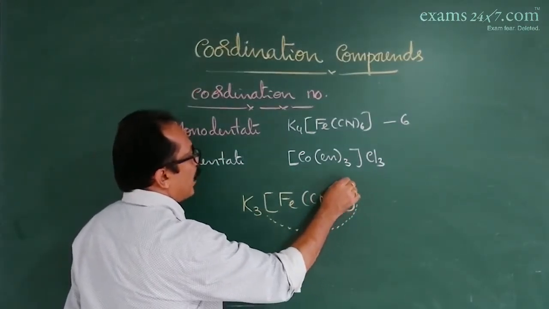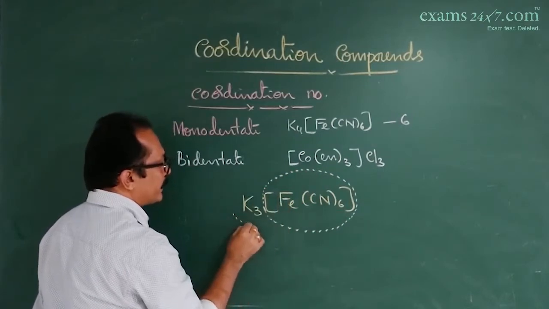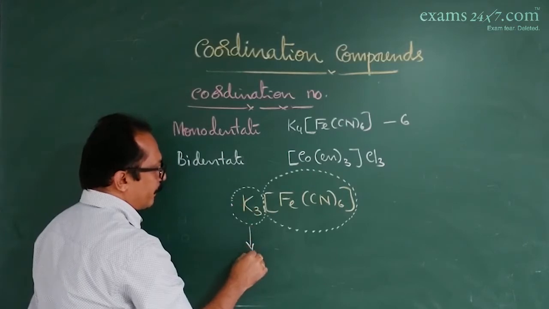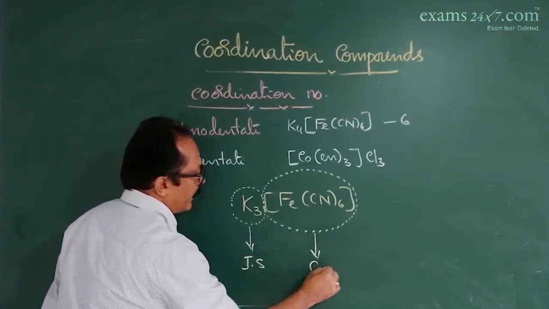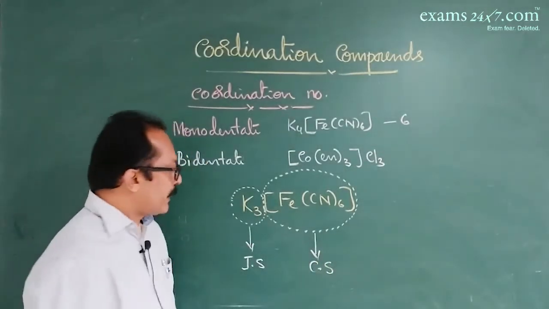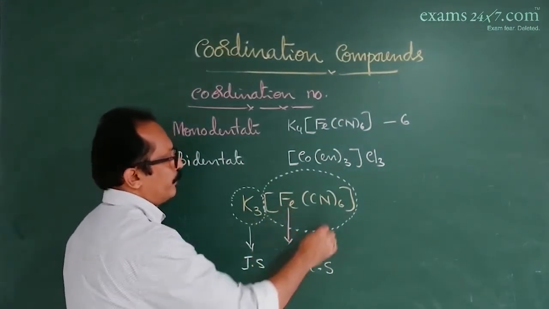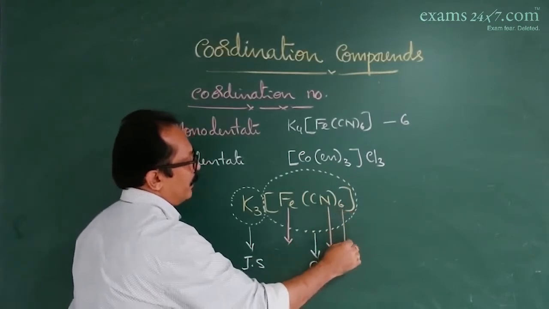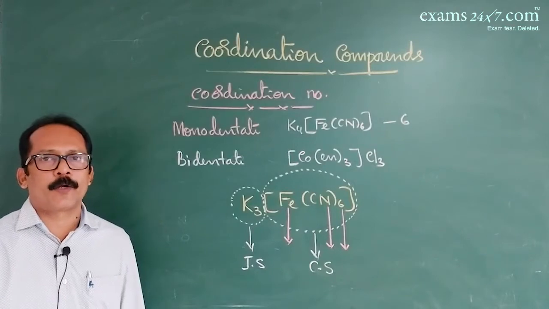Any ion written outside the square bracket represents the ionization sphere. This one is the ionization sphere. This one is the coordination sphere. The coordination sphere indicates the central metal atom or metal ion, the nature of the ligand and the coordination number. All this information is given by the coordination sphere.